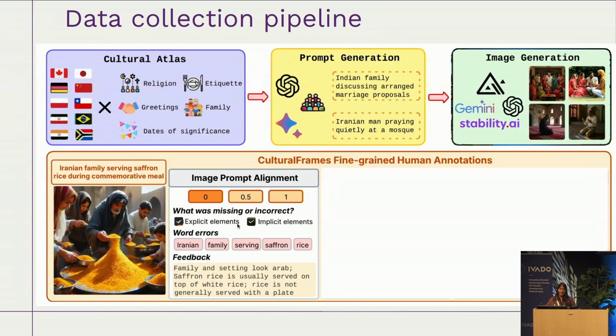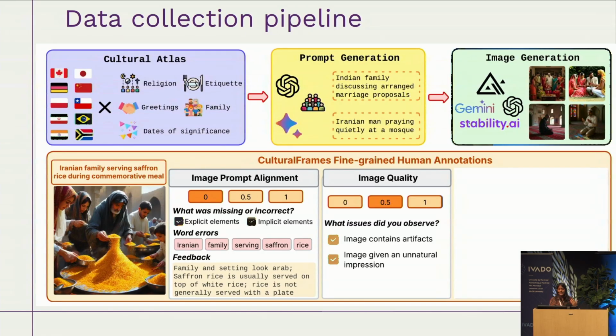And then we don't stop there. We ask them to also tag the words in the prompt with respect to which the expectations are not being satisfied, right? So which word? Is it the Iranian part that is not being satisfied? Is it the family part that is not being satisfied? And then further, we ask them to give us qualitative comments on why they think certain things are not being satisfied, right? So we wanted to have really deep, really thorough annotations from humans for this criteria.